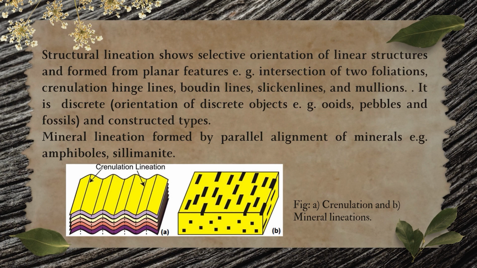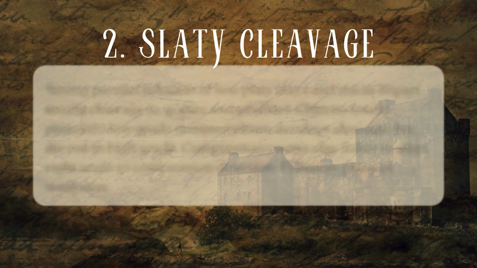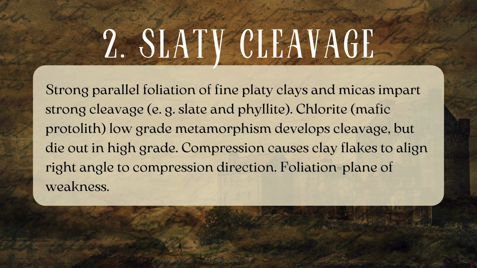In crenulation cleavage shown in A and B, mineral lineation is shown in B diagram here in this video. Number 2, slaty cleavage. Strong parallel foliation of fine platy clays and micas impart strong cleavage, for example, slate and phyllite.